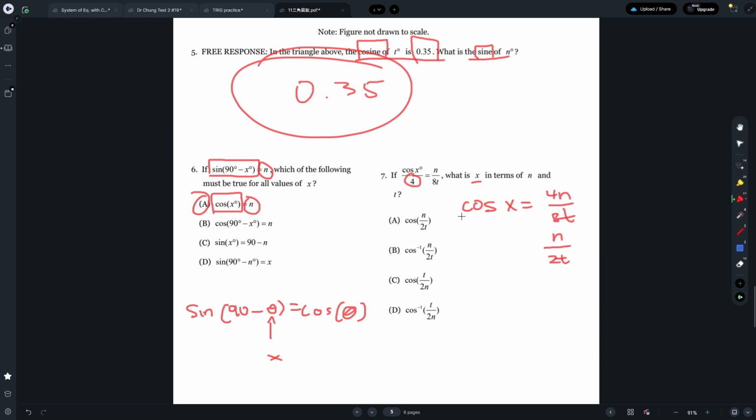And if we do inverse cosine on both sides, you get x equals inverse cosine n over 2t. Oh, there we go.